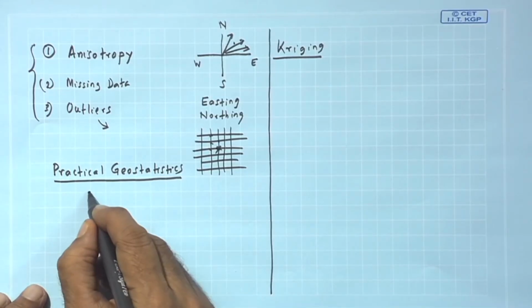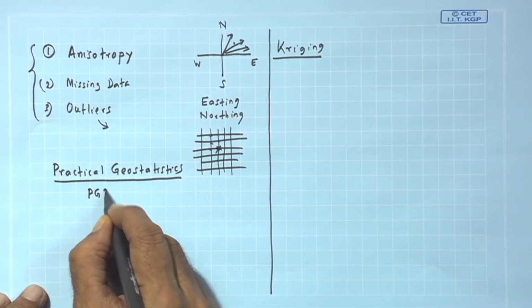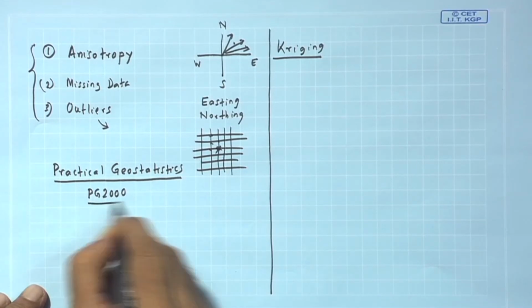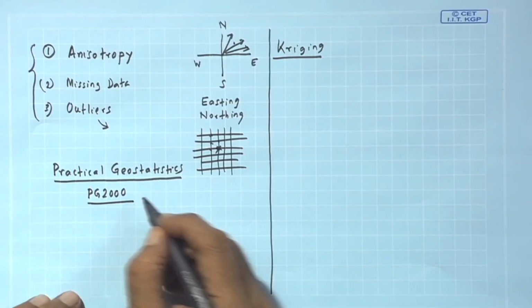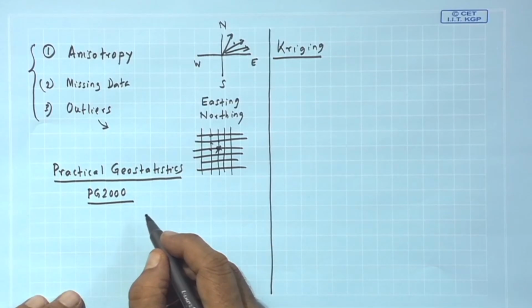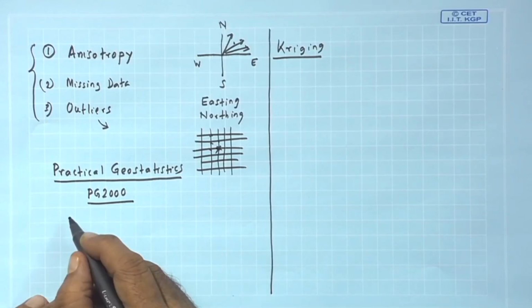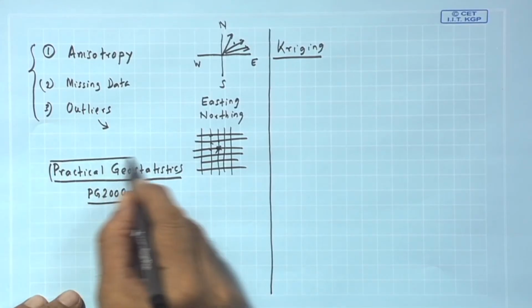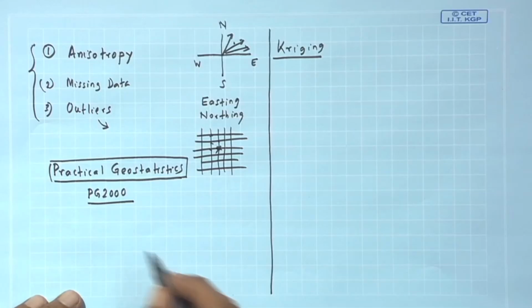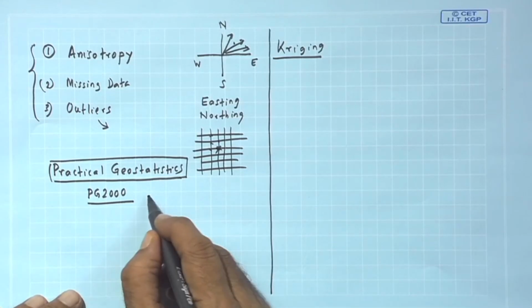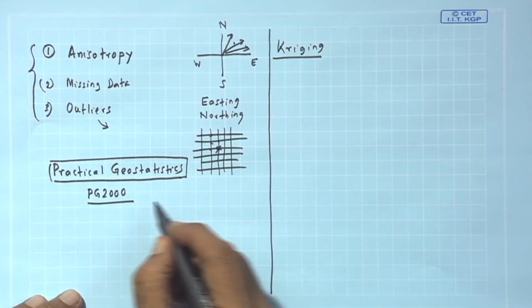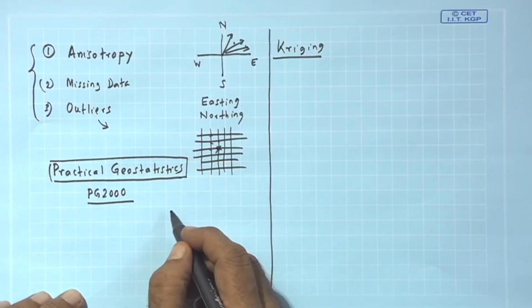This is mostly available as a group of programs from the site by two scientists, Isaaks and Clark, from their practical geostatistics web page, where these programs can be obtained, and there are numerous sets of data, small and big, which could be observed.